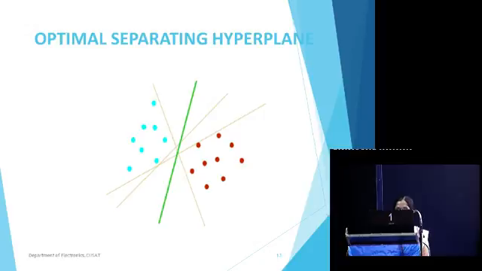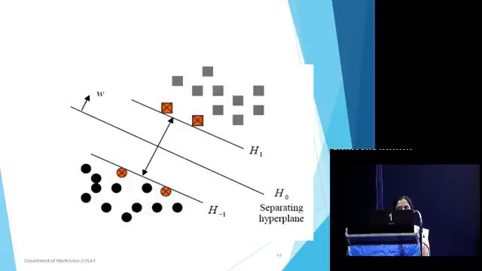We require the optimum hyperplane, the one with maximum margin. In this, the red points in the diagram show the support vectors. Support vectors are those vectors that define the optimum separating hyperplane, indicated here as H0.